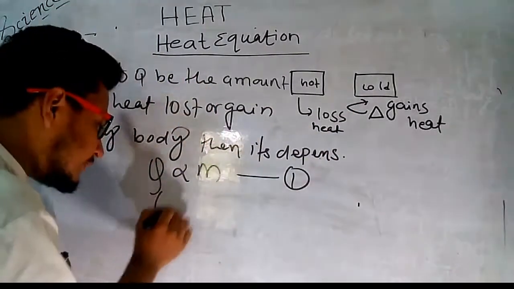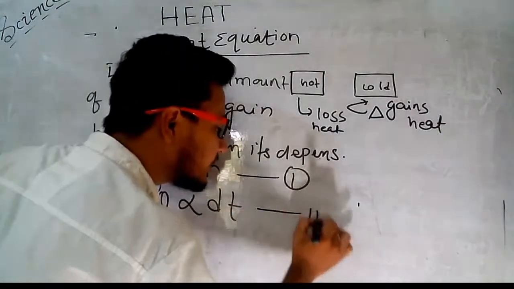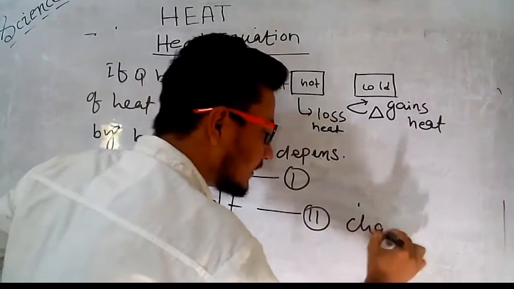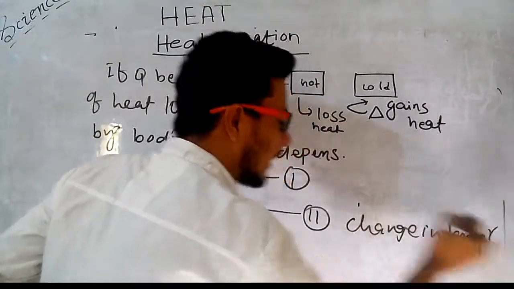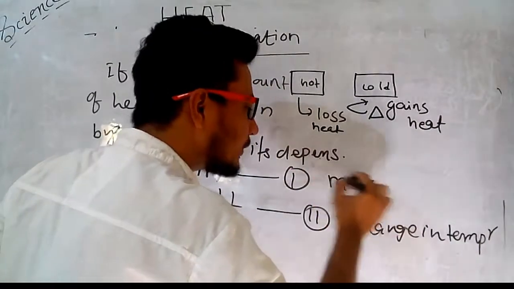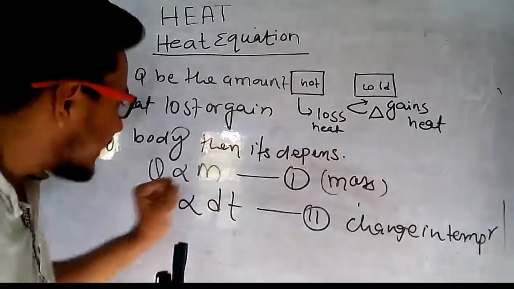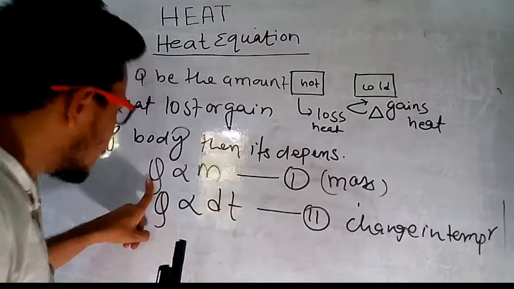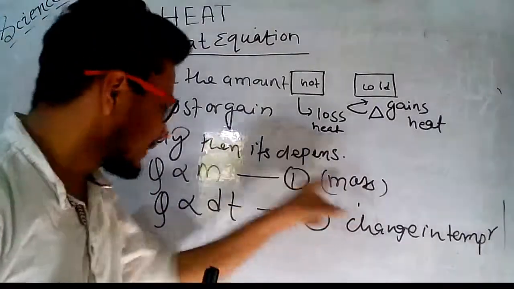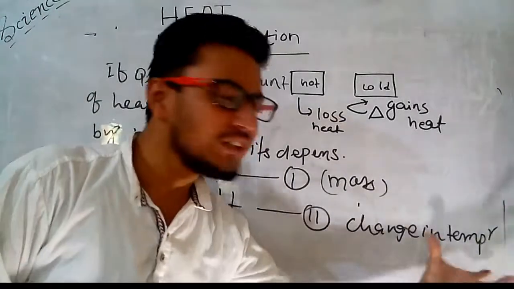The second is Q is directly proportional to dT, the change in temperature. So the amount of heat lost or gained depends on two factors: Q is directly proportional to mass and Q is directly proportional to dT, the change in temperature.